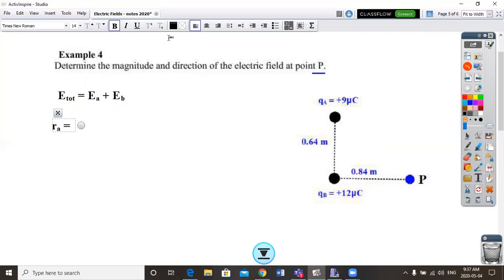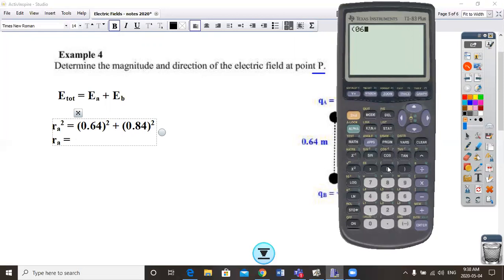and that's the hypotenuse. So A squared plus B squared equals C squared, as we know. So the distance due to charge A squared, this hypotenuse, is going to equal 0.64 squared plus 0.84 squared. And we're going to take the square root. Let me calculate it right now.